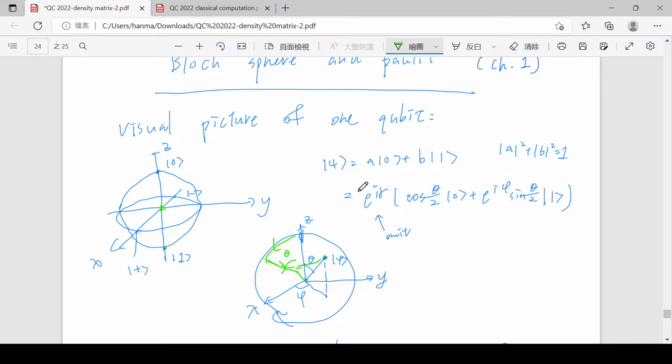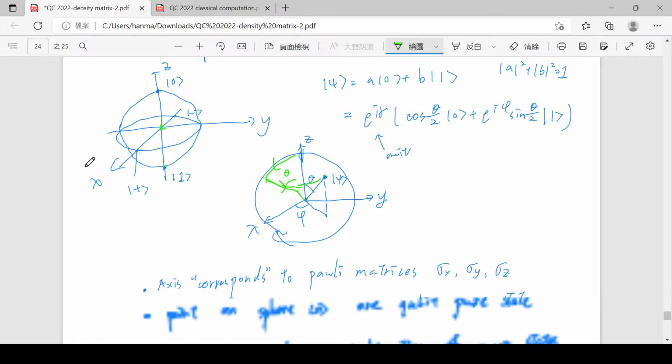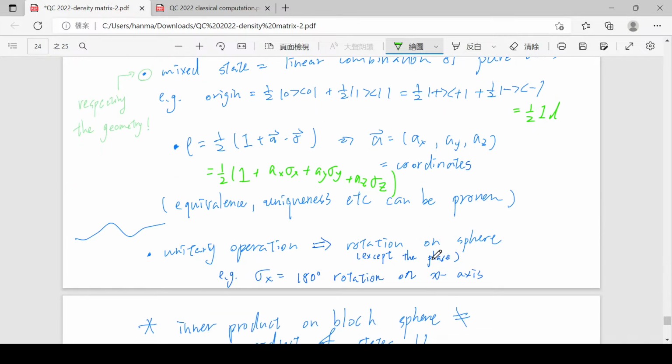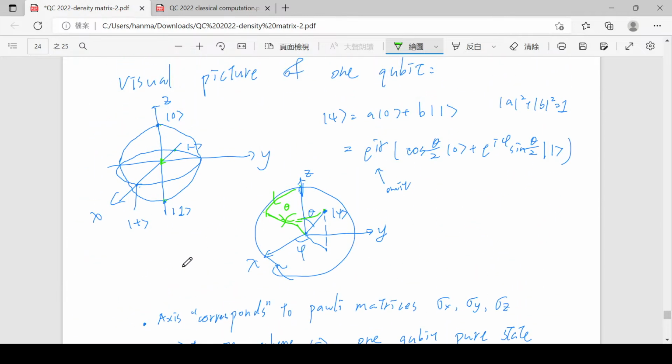But once again, you are omitting global phase, so some phase data will be ignored. For example, the sigma x operation, which maps 0 to 1 and also plus y to minus y, is equal to a 180-degree rotation along the x-axis.